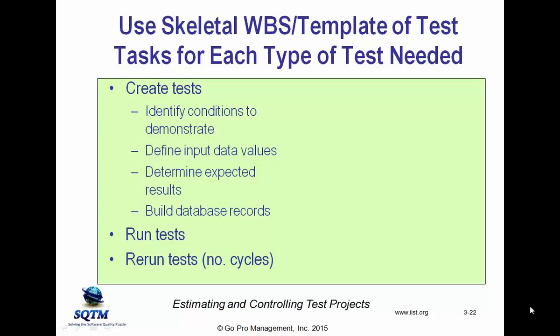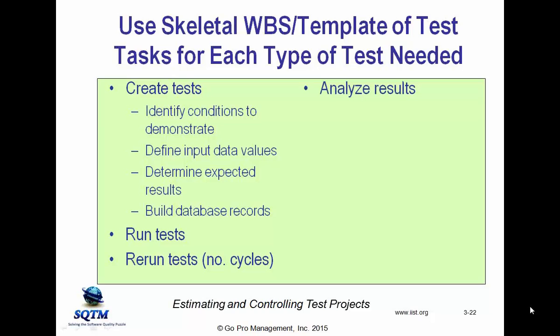Now, there's a pretty good chance that your estimate of how long it takes to execute the tests is based upon one test cycle. So if you've got to do it 3 times, you're probably overlooking 2 of those test cycles. If you've got to do it 13 times, you're not even in the ballpark.